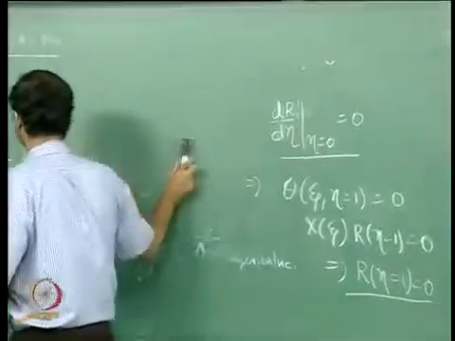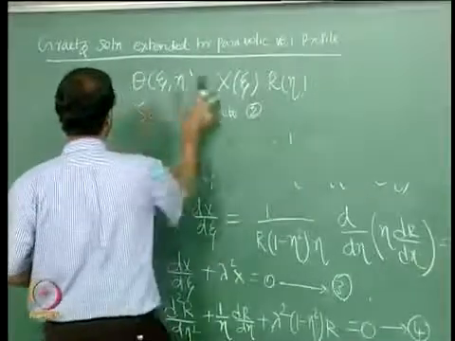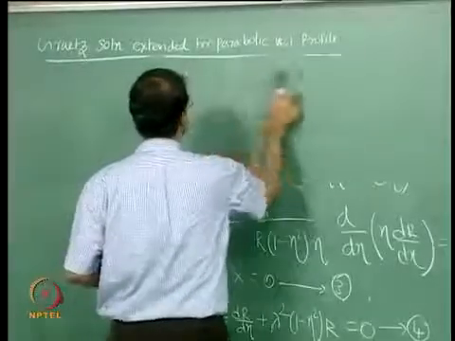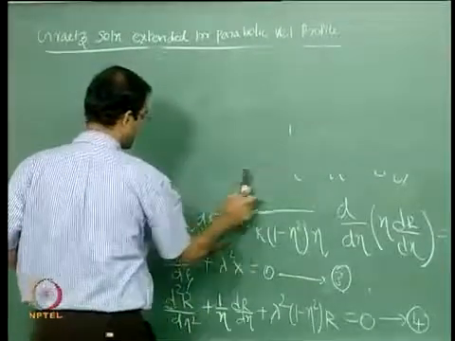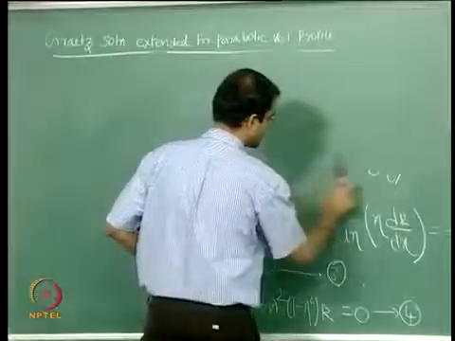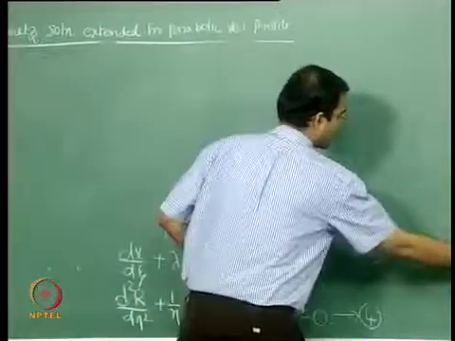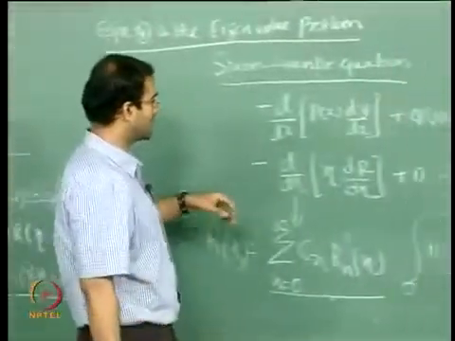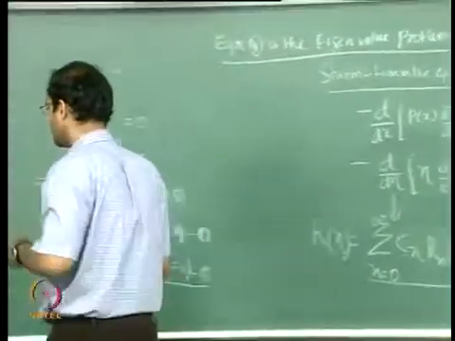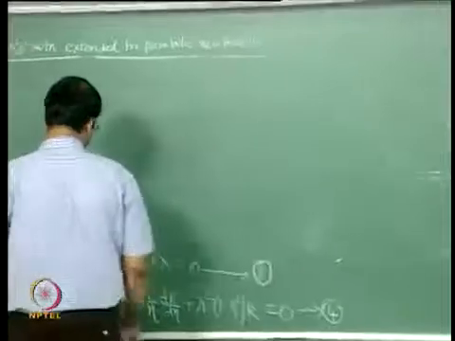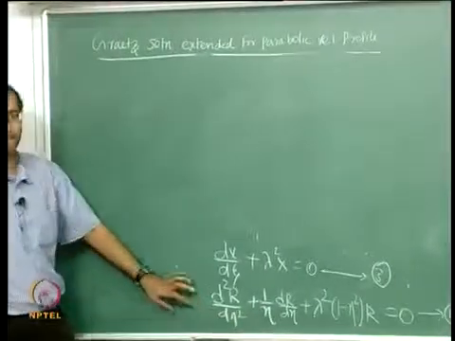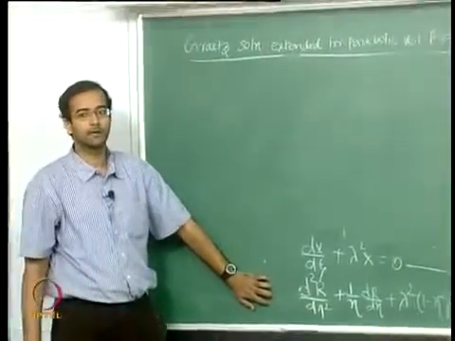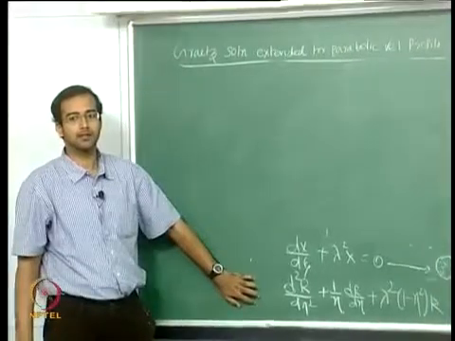For that, it is not as simple as solving the Bessel equation, because now this is a general Sturm Liouville problem and you have to solve the ordinary differential equation, that is equation number 4, numerically.